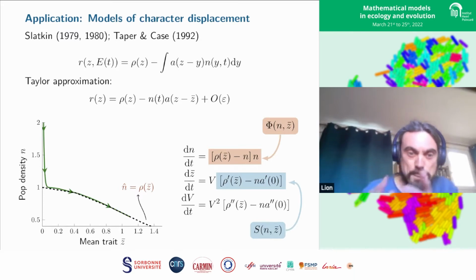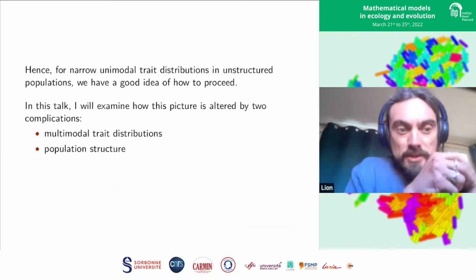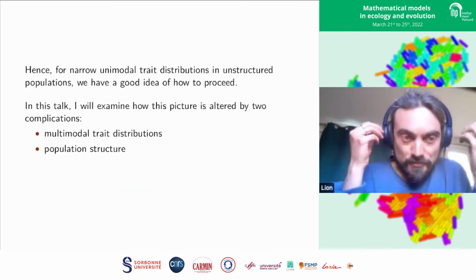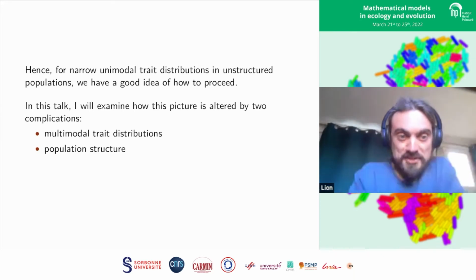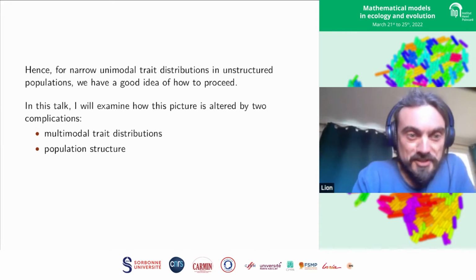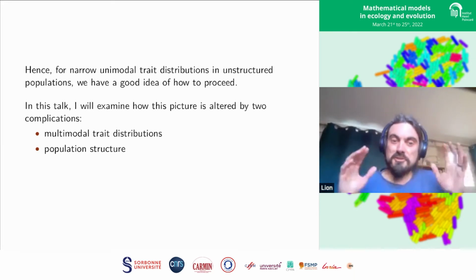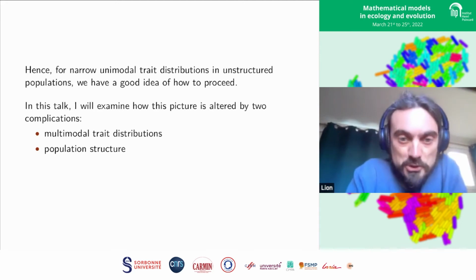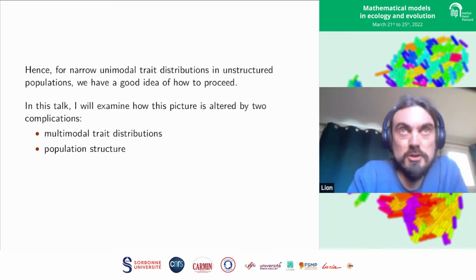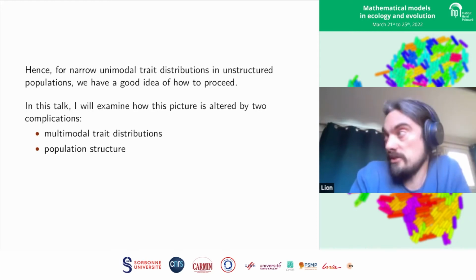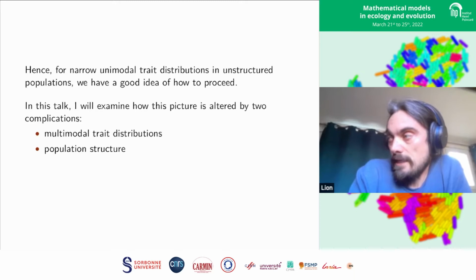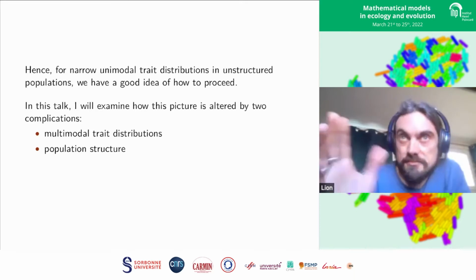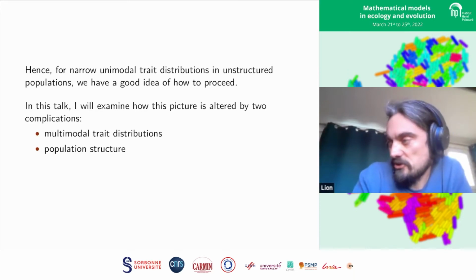Okay, but my intention with this introduction is to briefly illustrate that for narrow unimodal trait distributions in unstructured populations, we have a good idea of how to proceed, because a lot of the frameworks we have, like quantitative genetics, sometimes only use the Gaussian approximation.